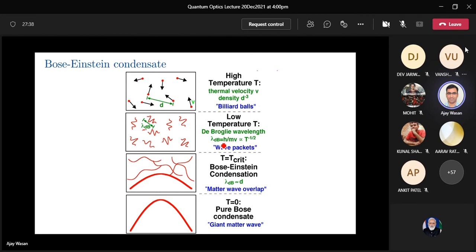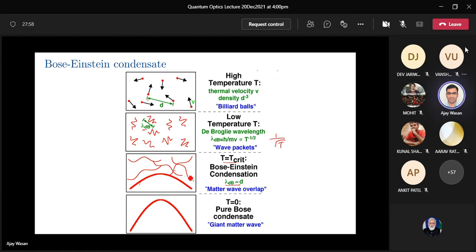And I showed the de Broglie wavelength is equal to h over mv, or we can say proportional to 1 over root T, basically. At some critical temperature, this de Broglie wavelength and d, the separation between two atoms, become equal. The matter waves start overlapping.